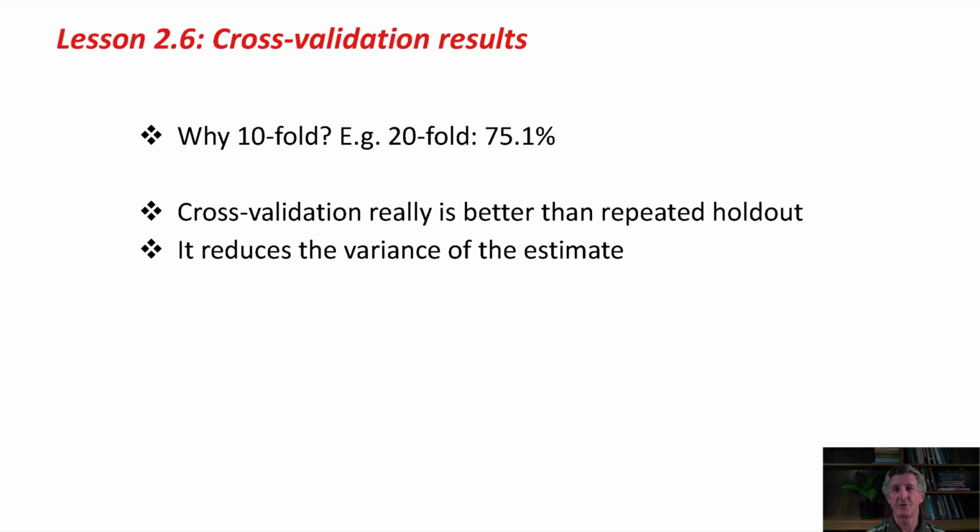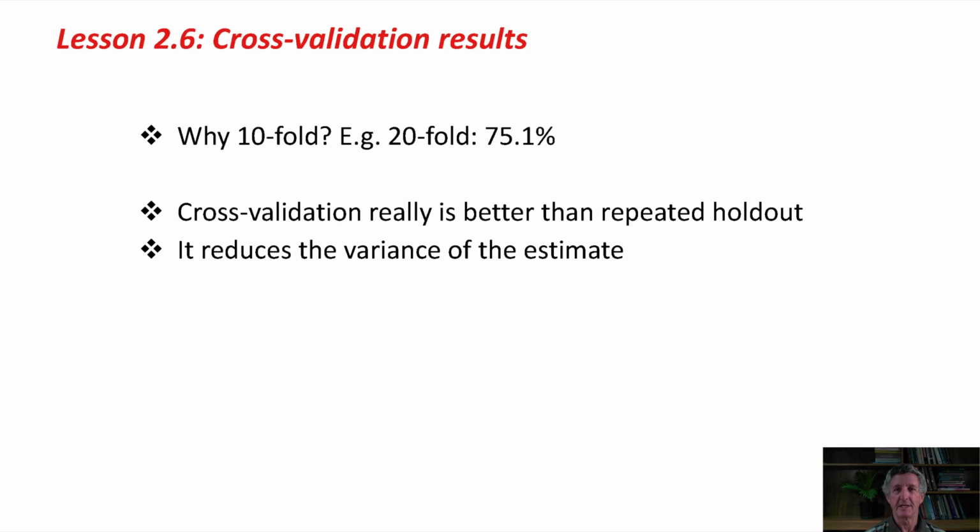On the other hand, we want to make sure that what we evaluate on is a valid statistical sample. So in general, it's not necessarily a good idea to use a large number of folds with cross-validation. Also, of course, 20-fold cross-validation will take twice as long as 10-fold cross-validation. So the upshot is that there isn't a really good answer to this question, but the standard thing to do is to use 10-fold cross-validation, and that's why it's Weka's default.